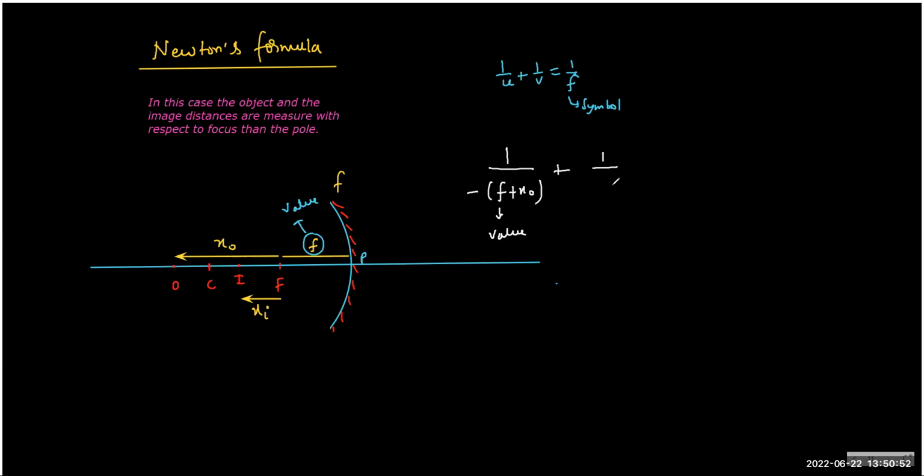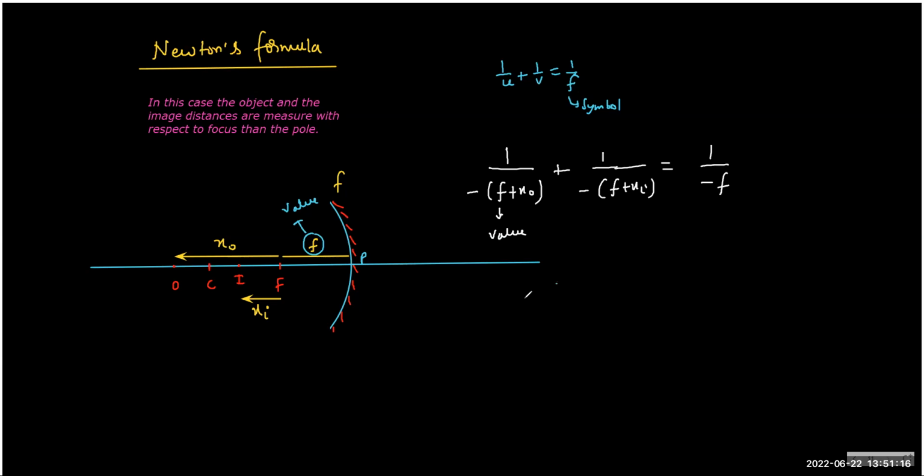What about the v part? Minus f plus xi. And what is the f part? Which is also minus f. Do you realize this? Because f is a value, and I'm writing it alone, so I have to write it with sign. That has to be done very carefully.